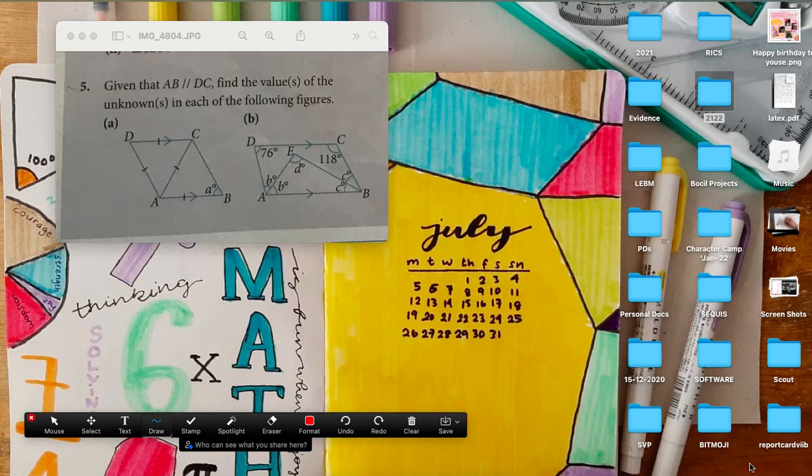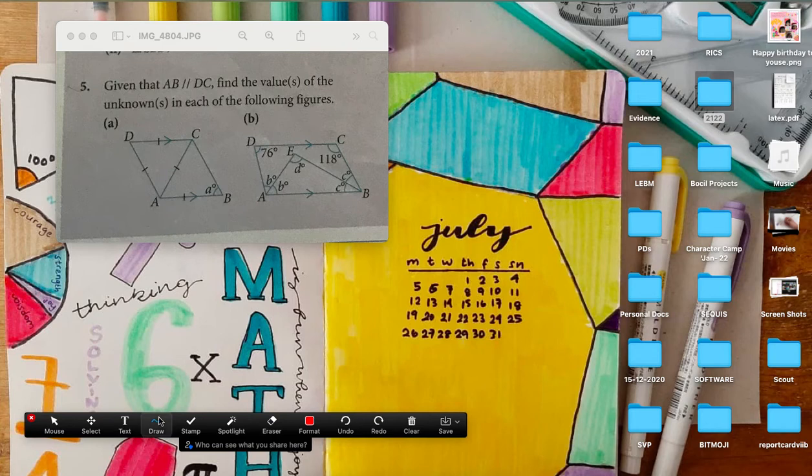Question number 5. Given that AB is parallel to DC, find the values of the unknowns in each of the following figures. In figure A, the clue is AB is parallel to DC. And here we have an equilateral triangle BAC.